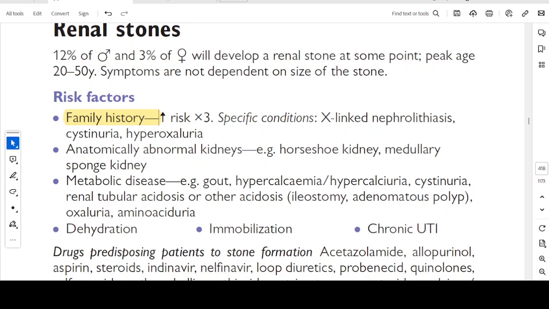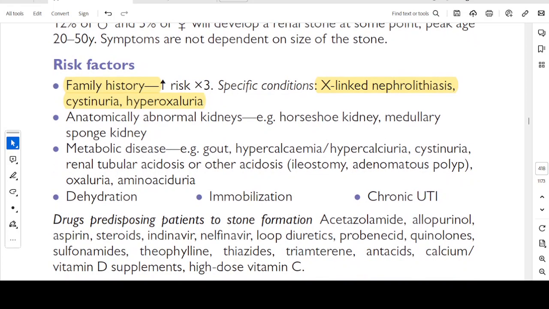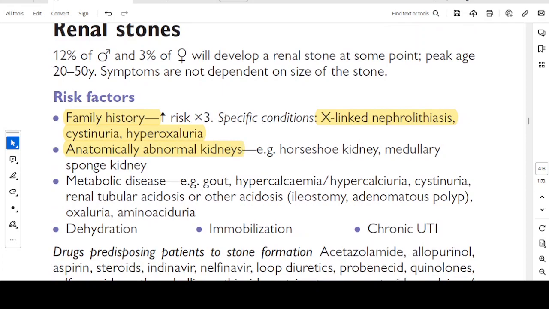Specific conditions are X-linked nephrolithiasis, cystinuria and hyperoxaluria, and anatomically abnormal kidneys. Cystinuria will cause cystine stones. Hyperoxaluria will cause oxalate stones. In these cases there will be a family history of renal stones.